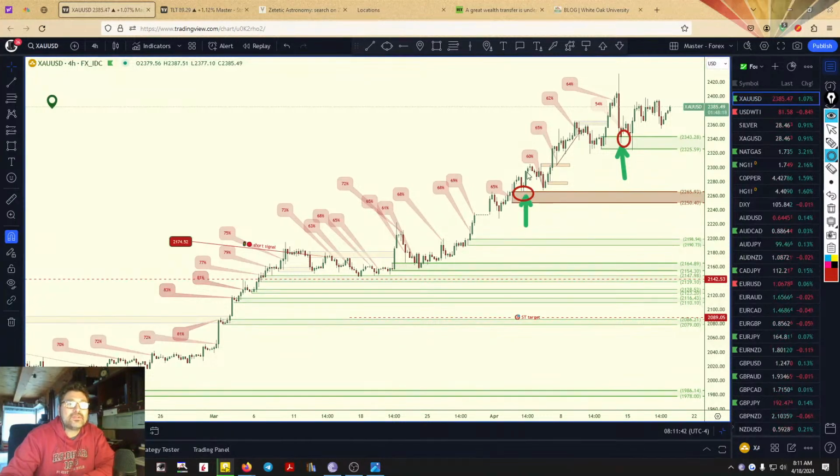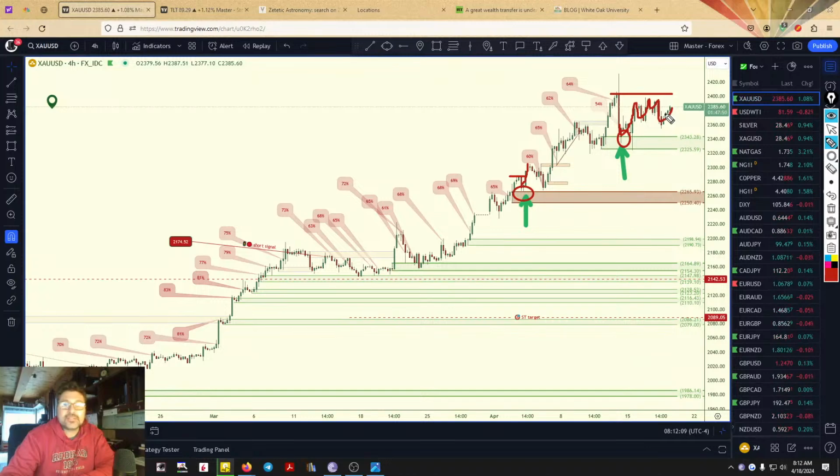But with this first test of this demand area, I want you to see how the previous highs were surpassed immediately. That's a good sign for continued move to the upside. Whereas here, price is struggling. Okay, you see it struggle? It's not surpassing the previous high as it dropped down into that institutional area of demand.